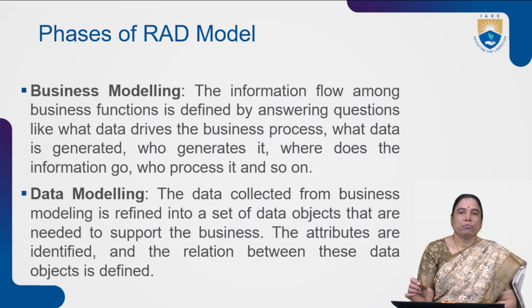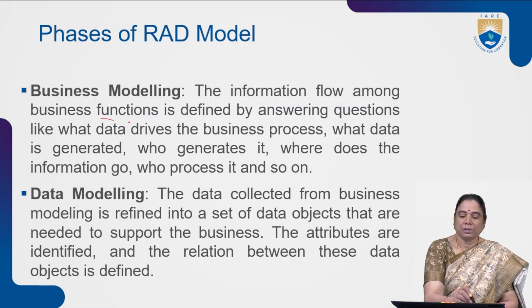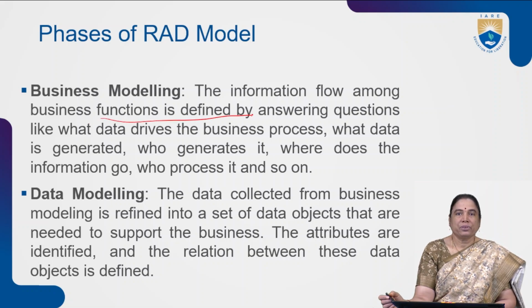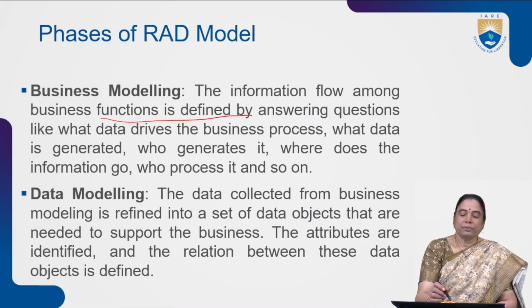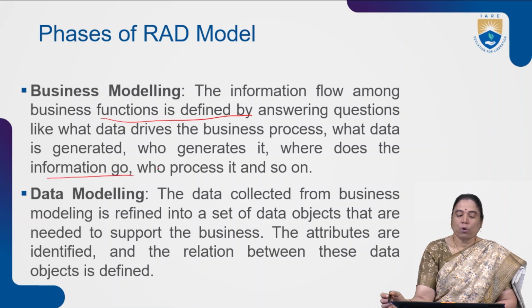The information flow among business functions is defined by answering questions like what drives the business process, what data is generated, who generates it, where does this information go, who processes it, and so on.